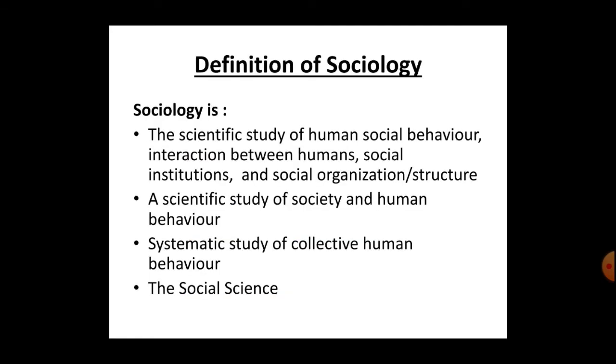Now, what is sociology? Sociology is the science of understanding the dynamics of group interaction and social behavior. In fact, sociology focuses attention on groups, on organizations, as well as society rather than individuals.